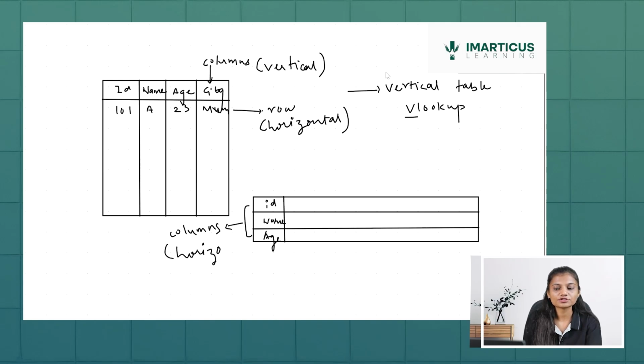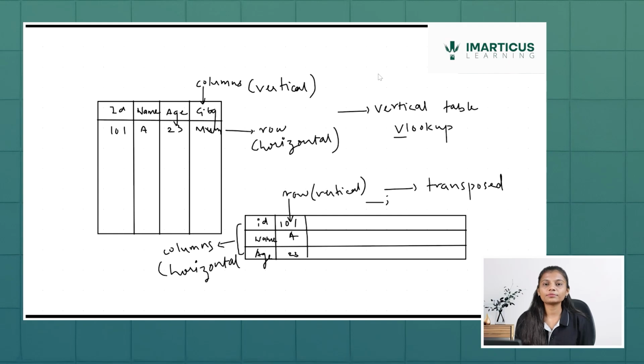If I want to fetch certain details, let's say I'll fetch 101, A and 23. These are my row elements, and these are vertically aligned. So actually this is a transposed version of the data, and when we have data in this format, we call it a horizontal table. A table where the rows are vertically aligned and the columns are horizontally aligned has a horizontal alignment.